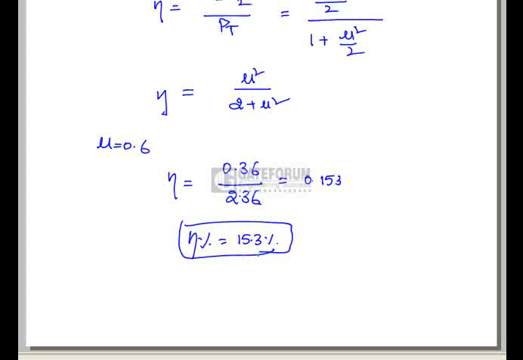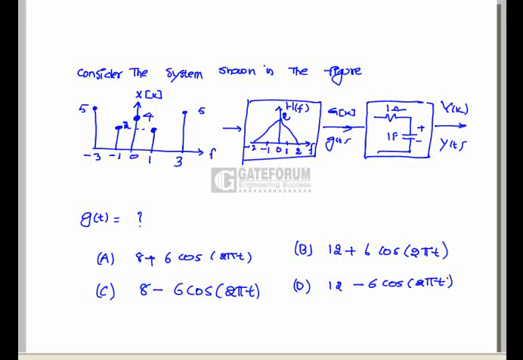Answer: eta equals 15.3%. Question: consider the system shown in the figure. Here x of t is the frequency domain sequence, and H of f performs the filtering action on x of k, and this block corresponds to a low pass filter whose time constant equals 1.